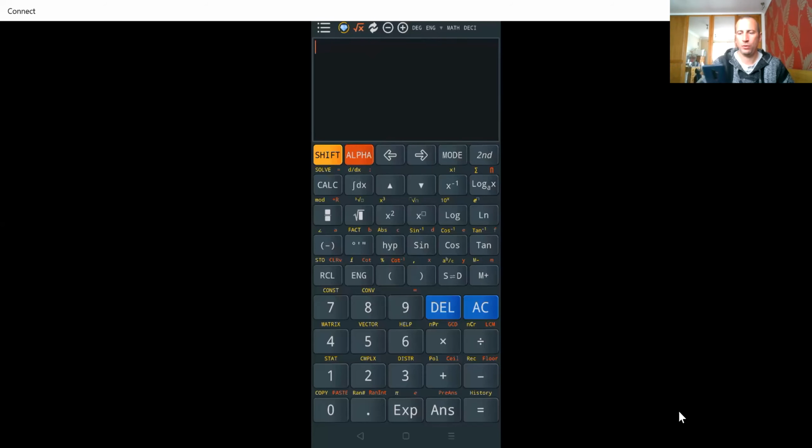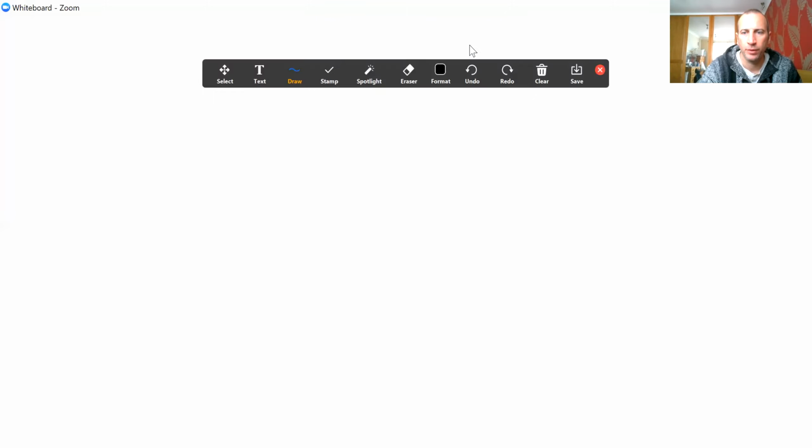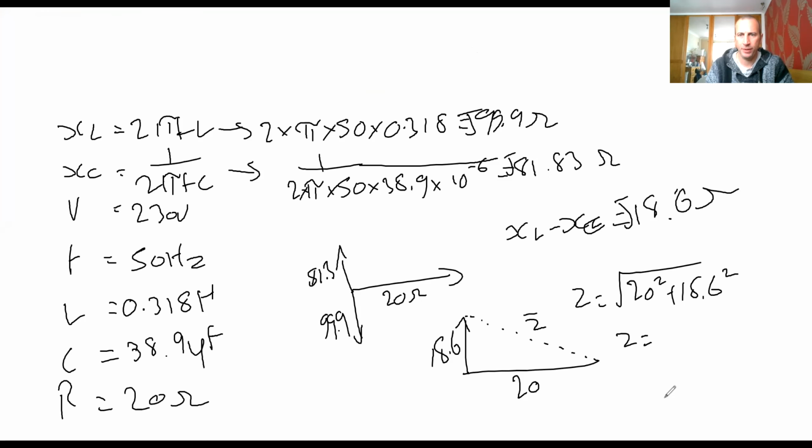So square root 20 squared plus 18.6 squared, 27.3. So we've got an impedance Z of 27.3 ohms. Don't forget, sorry, this is now impedance.